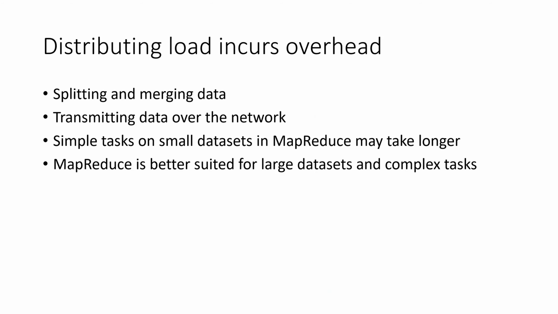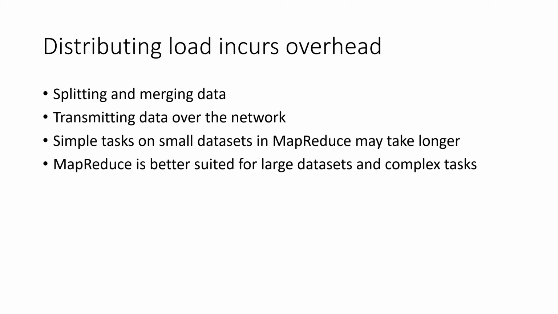So we've talked about this, but I want to go over it again. MapReduce incurs overhead, and parallel computing in general incurs overhead. So splitting data, merging the result, transmitting data over the network, all of these tasks take time and use resources. So if we have a simple task and a small data set and we run it in MapReduce, it may just take longer to complete than if we ran it on our own computers.